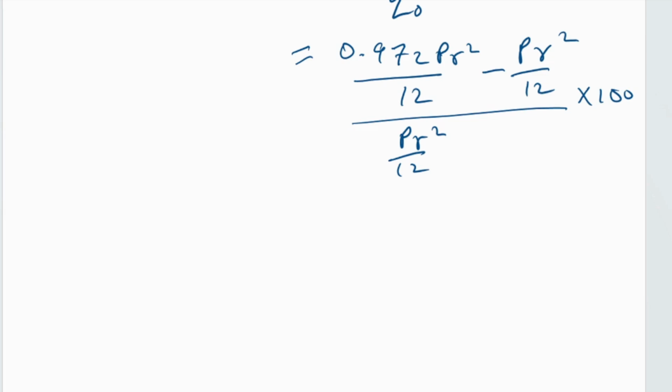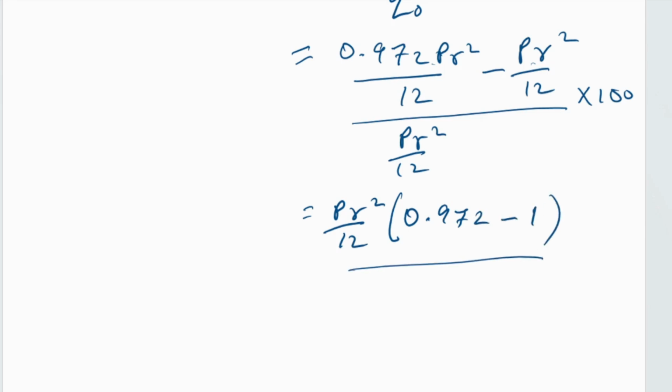Now with that we can factor out. Remember, PR squared over 12 is common to this term and this term here, and therefore we can factor out PR squared over 12. Then here we'll be left with 0.972, and at this point will be 1. Then over PR squared over 12, then times 100.